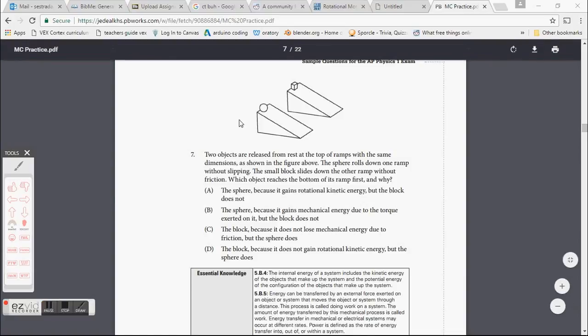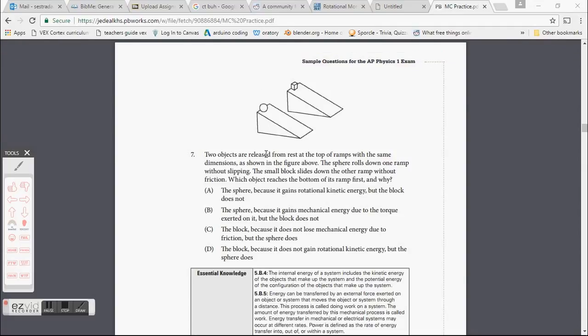They all have the potential energy, but in the sphere, some of that potential energy converts into rotational energy, leaving a smaller fraction for linear kinetic energy. But the block does not gain rotational energy. It only gains kinetic translational energy. So it's going to have a bigger amount of linear kinetic energy. More linear kinetic energy means a bigger linear velocity. So that's why the answer is D at the very bottom.